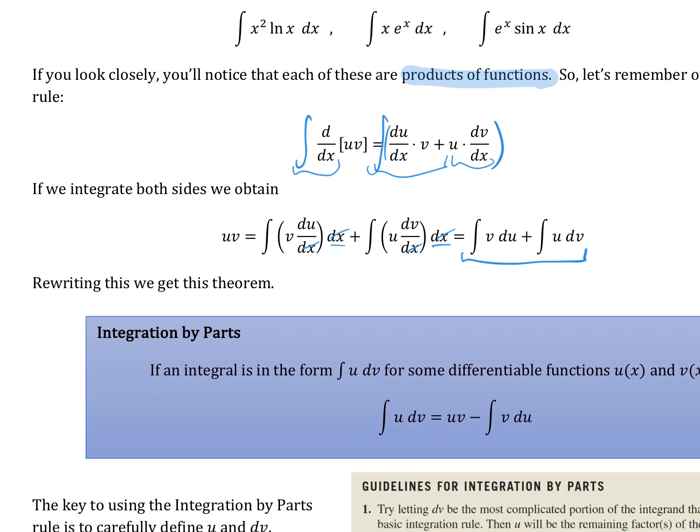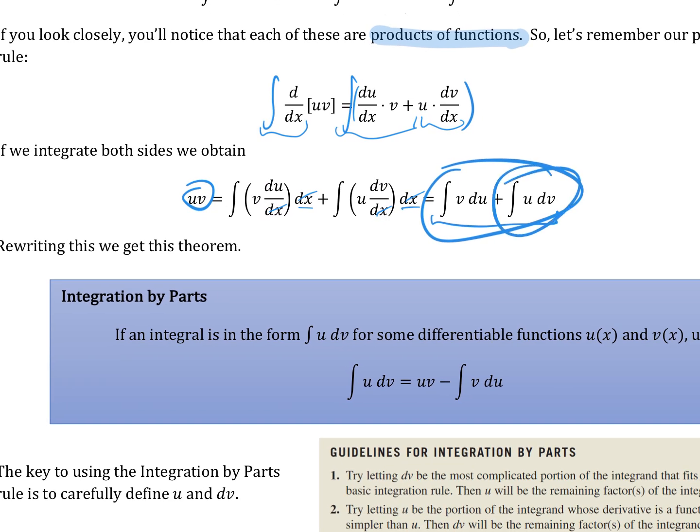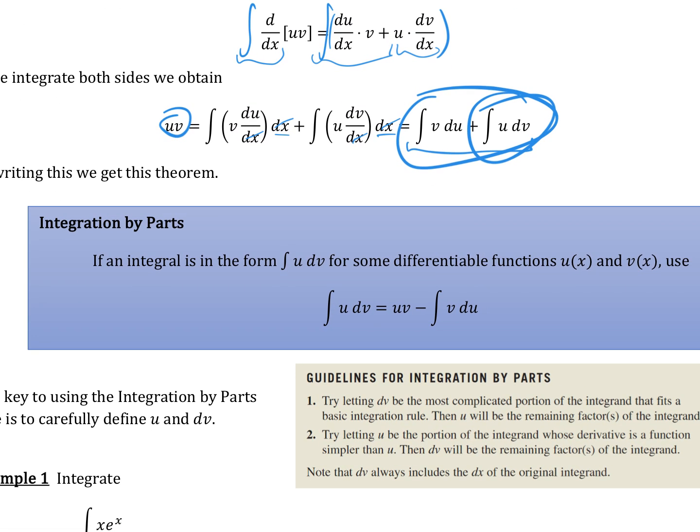So then we have uv equals this. If we rewrite this and solve for one of these on the right, let's get this one by itself. We get this form: the integral of u dv is equal to uv minus the integral of v du.